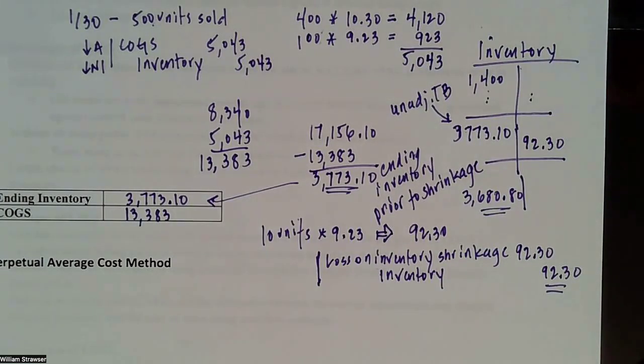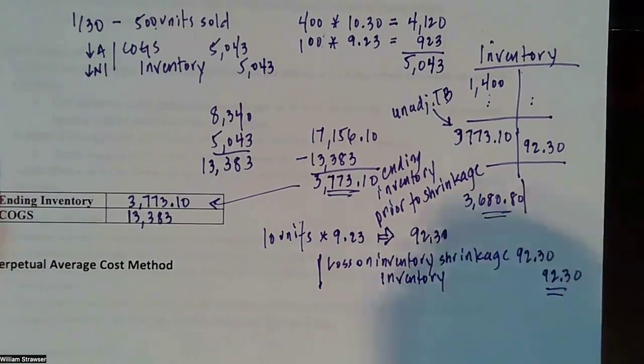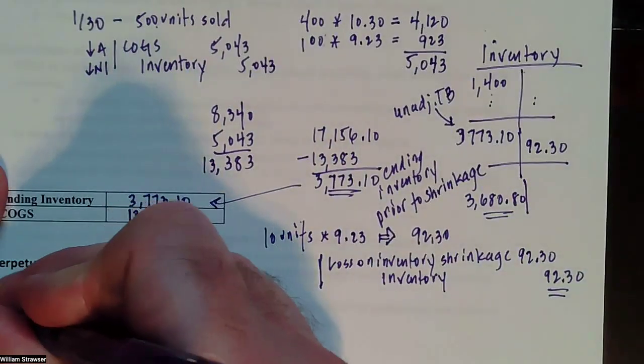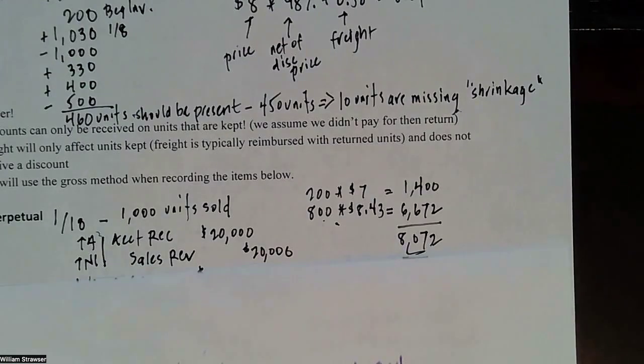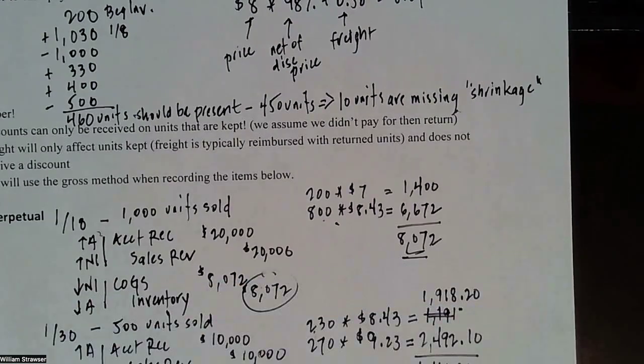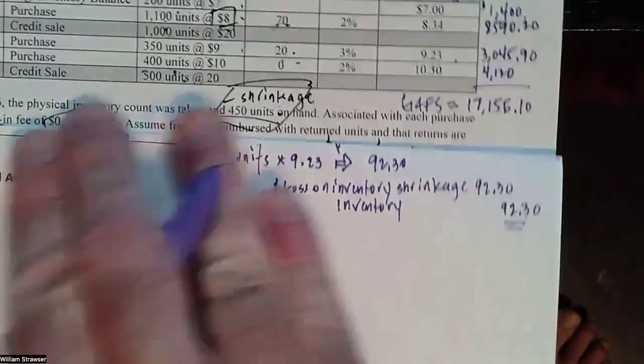All right, got one more method to calculate, and this one can be a little tedious because you're having to construct averages at each point in time. So at 110, I need to figure out what was the average cost of the inventory at that date.